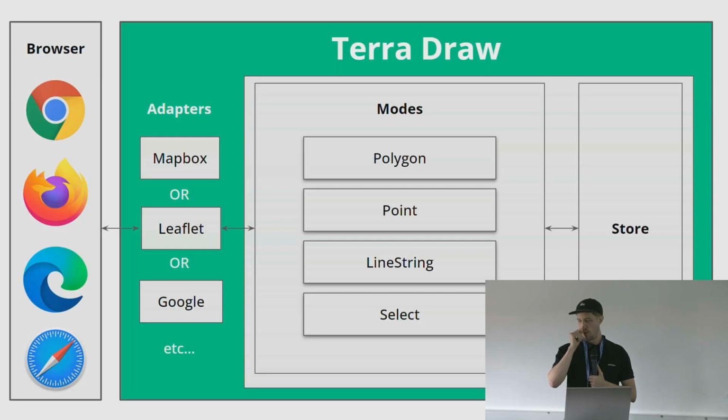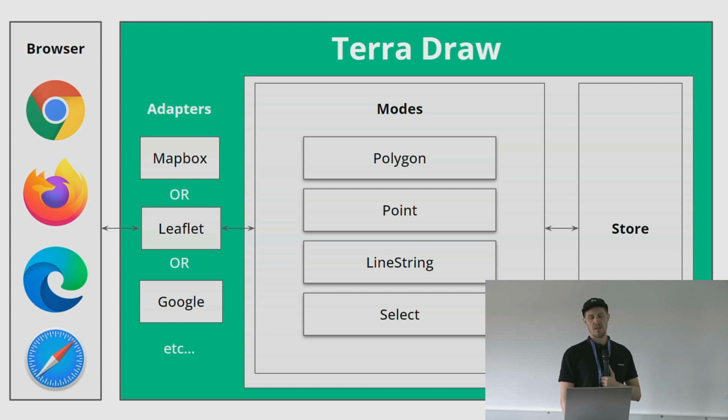This is an overview of the architecture of TerraDraw. In a way, it's quite simple. It's maybe what they would call an onion architecture, where there are layers. The first layer is the adapter layer, so you pick an adapter that you want to use, whether it be Mapbox, Leaflet, Google, or whichever one you're interested in, and then you decide which modes you want to use. So maybe I want to use Mapbox and just the polygon mode.